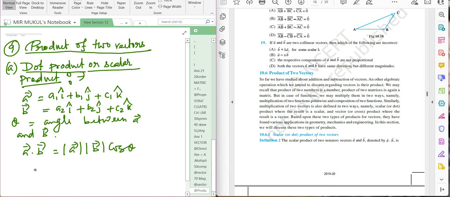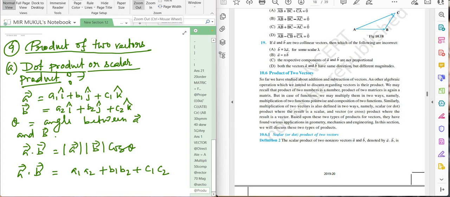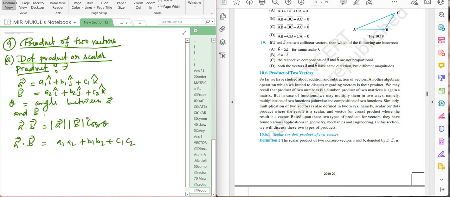And if you know its components, then you will write A dot B equals A1 A2 plus B1 B2 plus C1 C2. That means the coefficient of i and the coefficient of i of the second vector are multiplied, plus the coefficients of j are multiplied, and the coefficients of k are multiplied. Now try to understand: if theta is 90 degrees, cos 90 is 0, so the whole thing will be 0.